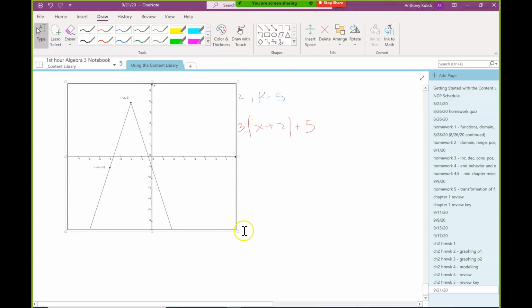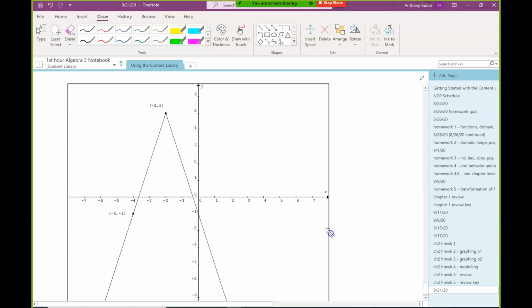Oh, that's weird. I was not expecting it to overwrite it like that. That's okay. So h is negative 2, k is positive 5.